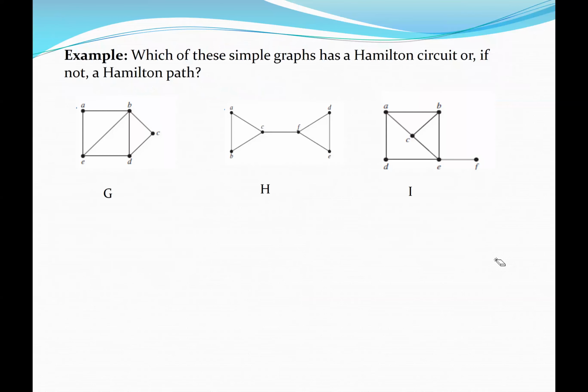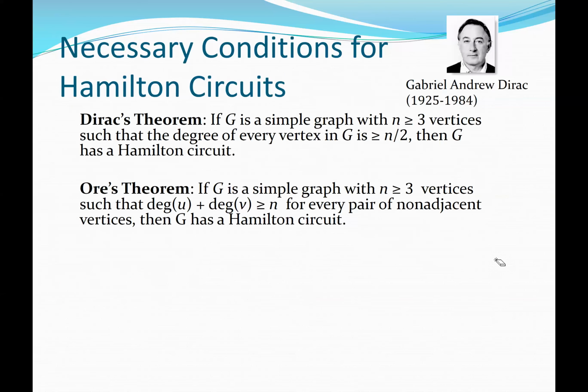So we have here two of those, Dirac's theorem and Ore's theorem. Dirac's theorem said, if G is a simple graph with n bigger than 3 vertices, such that the degree of every vertex is bigger than or equal to n over 2, then G has a Hamilton circuit.